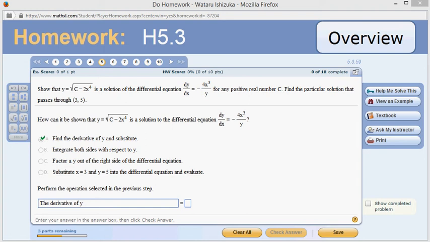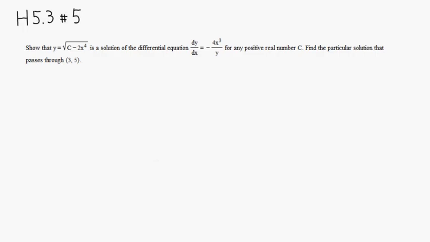Alright, then we want to take the derivative, right? So first I'm gonna rewrite this guy, since I don't like square root, as quantity c minus 2x to the fourth raised to the 1/2 power. Alright, then we take the derivative.